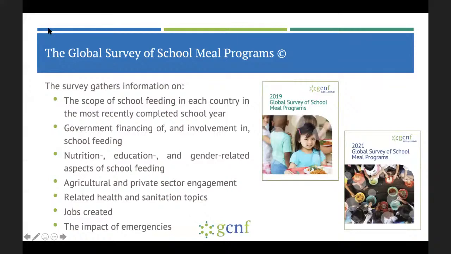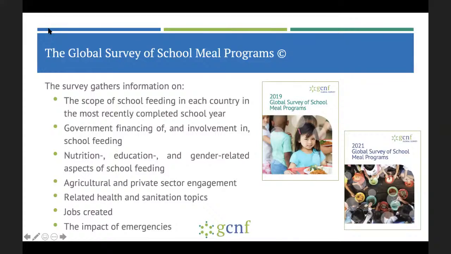This survey, which is conducted at the country level, gathers information on the scope of school feeding in every country, government involvement in school feeding, topics related to nutrition, education, and gender, as well as agriculture and private sector engagement in school feeding programs.